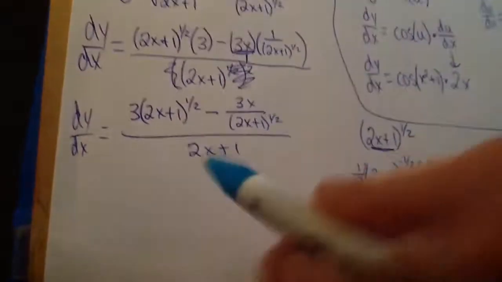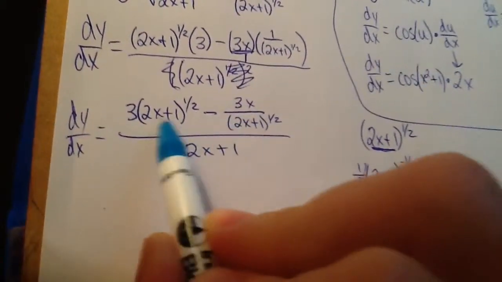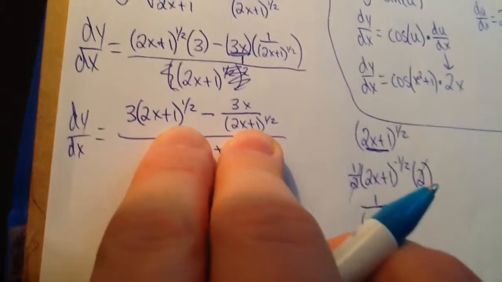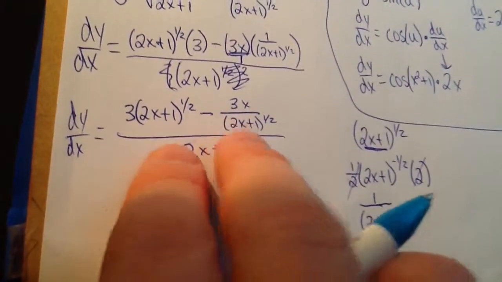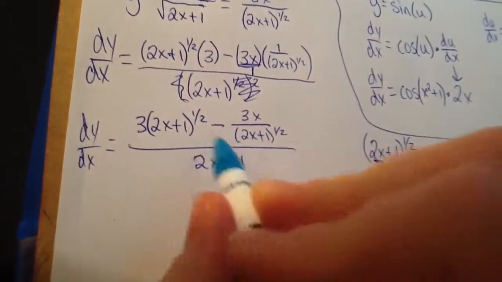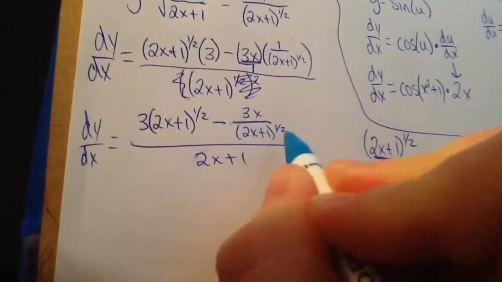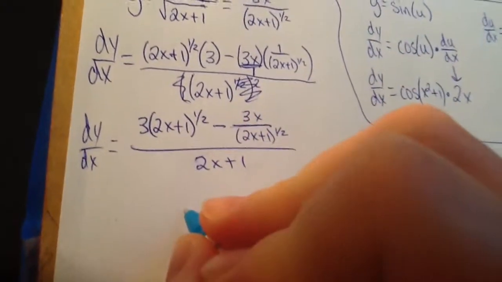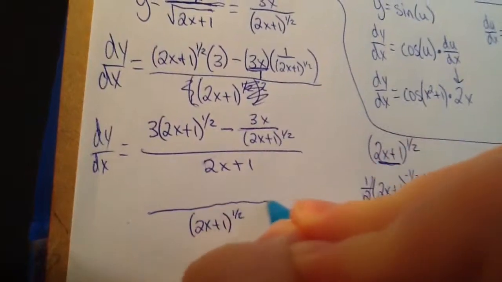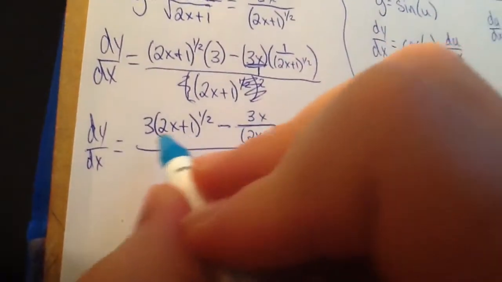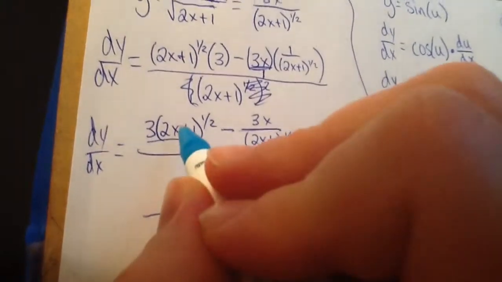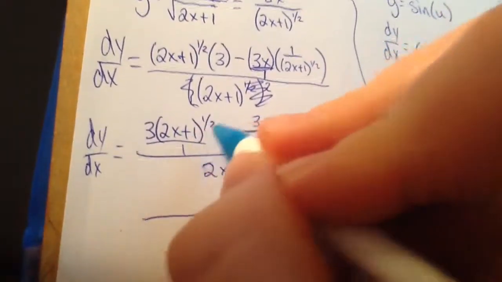So I'm still going here. So now to simplify this, right, I'm going to ignore the bottom. Do my subtraction on the top. This is like review from last year. I'm going to have to get a common denominator. Alright, so in this case, I got 2x plus 1 to the 1/2 on bottom, so that's going to be my common denominator. And on top, let's see, this one's over 1, so I have to multiply the bottom by 2x plus 1 to the 1/2, so I got to multiply the top by 2x plus 1 to the 1/2.